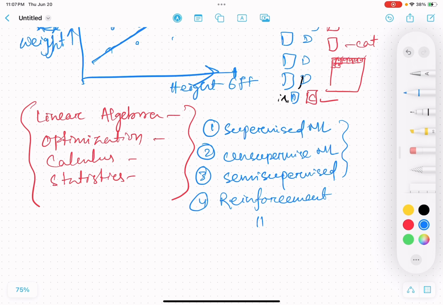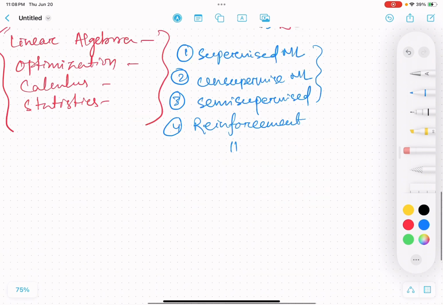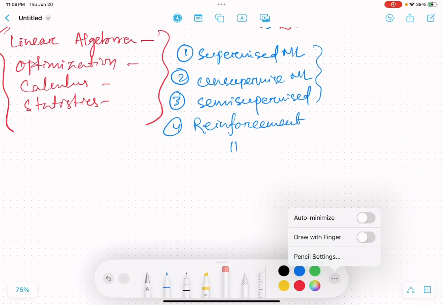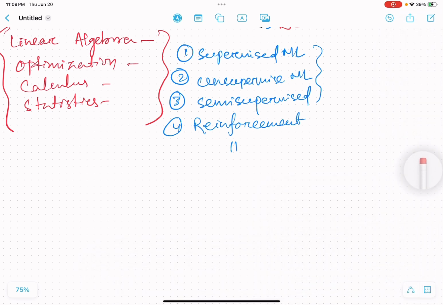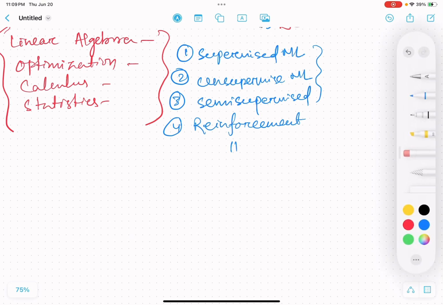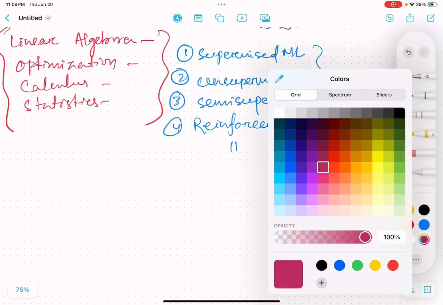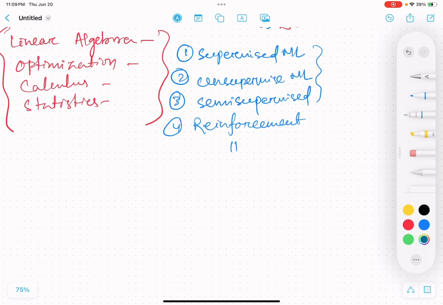So what is supervised machine learning? I'll just assign different colors to these. I'll change the pen, just change the color. Okay, this looks good. Let's first learn about supervised machine learning.